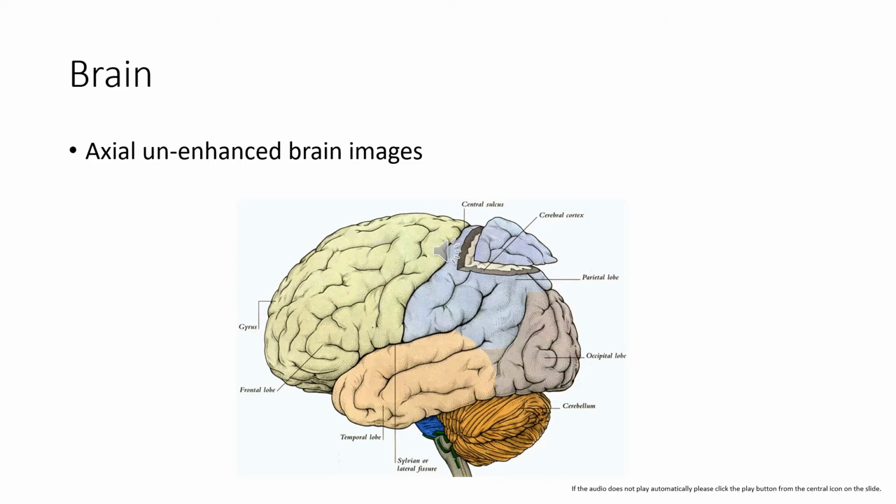Posteriorly, we see the cerebellum. This is an important region for looking at routine grey matter uptake in multiple imaging modalities. And on the lateral aspect of the cerebrum, we see the frontal lobe, parietal lobe, occipital lobe, and temporal lobe.